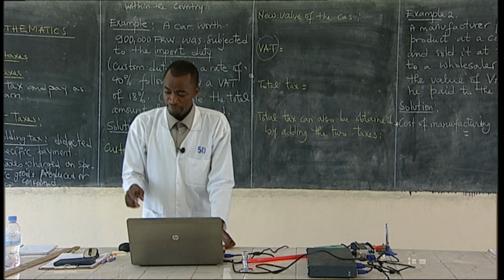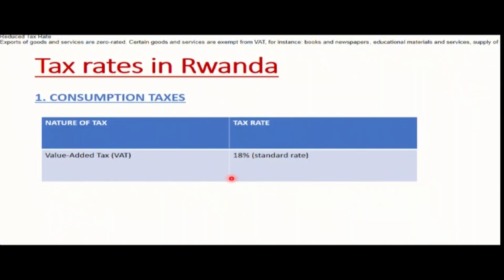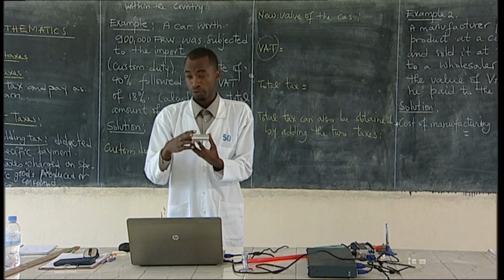It means if I buy this calculator, or maybe if I have a company that produces calculators, there is the money that I have spent for one calculator to be produced.